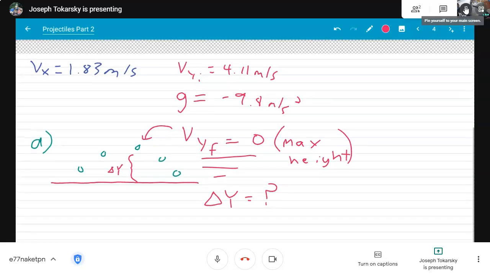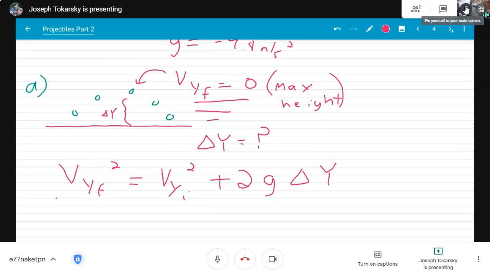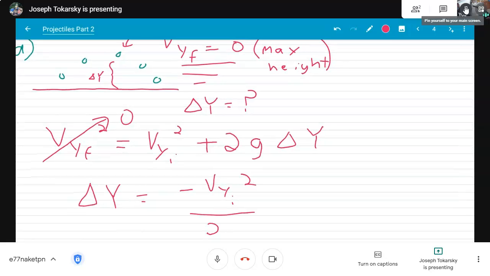So we'll do Vy final squared equals Vy initial squared plus 2g delta y. Vy final is 0 at that peak, therefore delta y will equal, subtract over Vy initial squared, and divide by 2 times g.